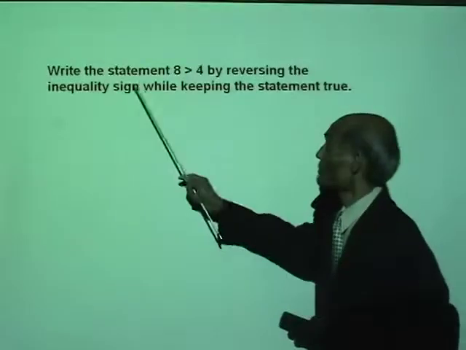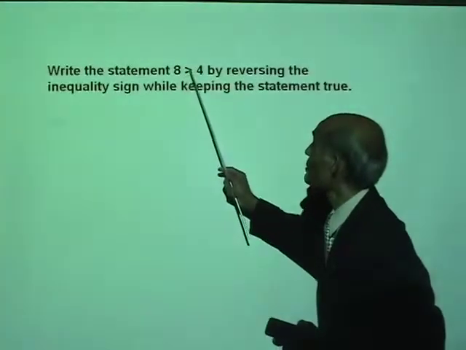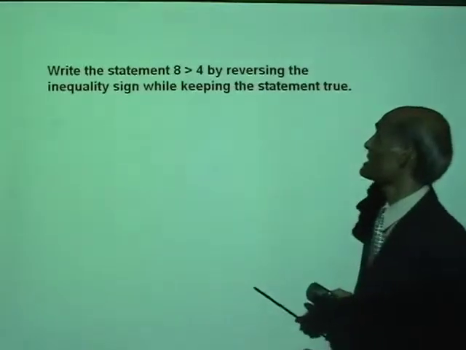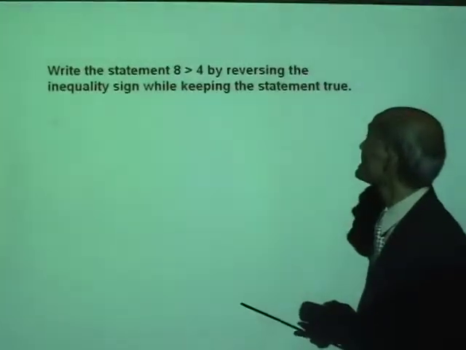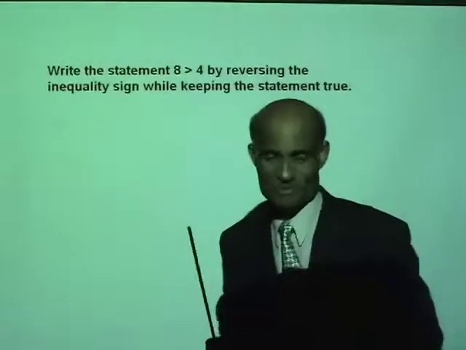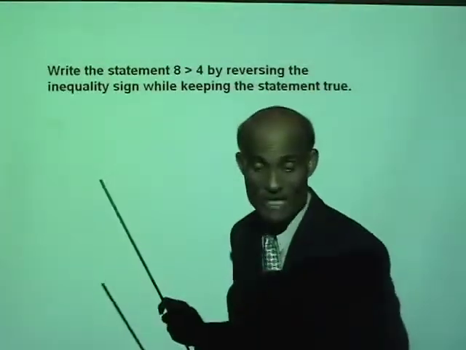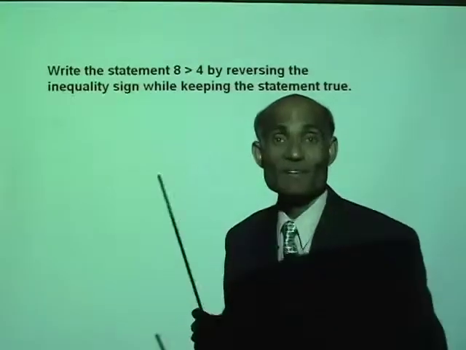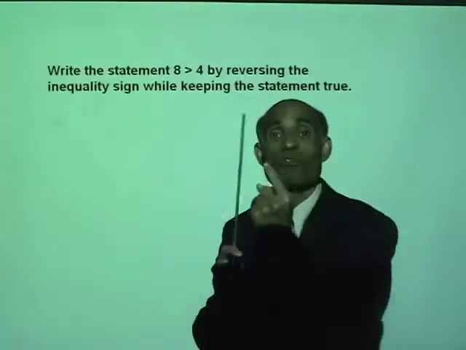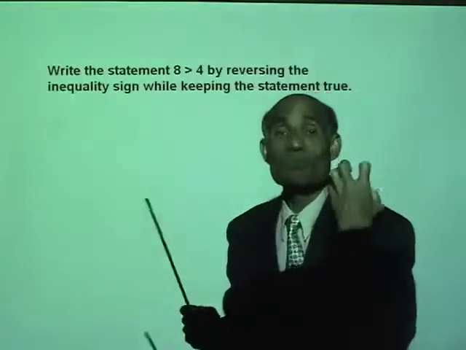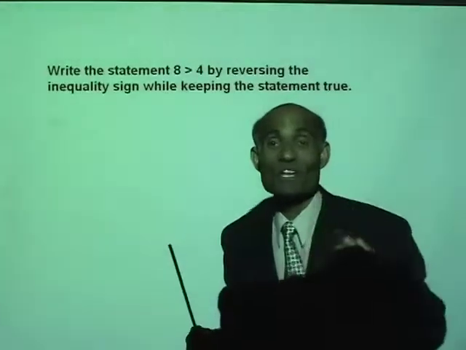Another one. Write the statement 8 greater than 4 by reversing the inequality sign while keeping the statement true. Well, you see, if 8 is greater than 4, isn't it reasonable to think that 4 is less than 8? That's an important characteristic of inequality.